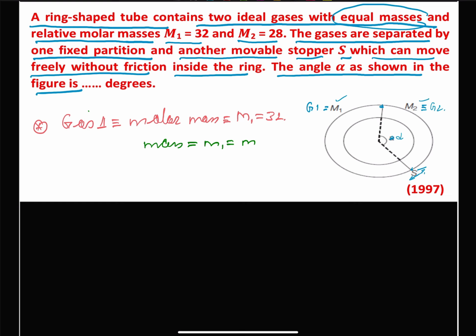And then we have gas 2, whose molar mass M2 is 28 and its actual mass is, let us suppose, m2, which will obviously be equal to the mass of gas 1, which is m.